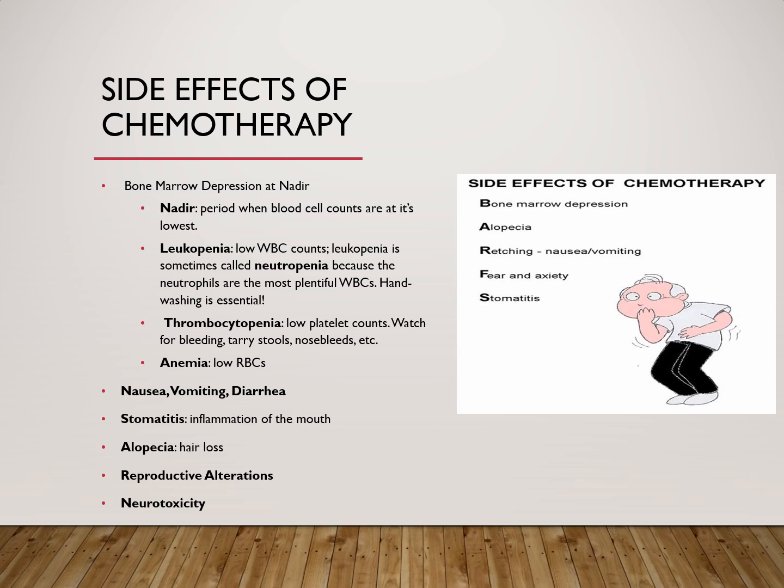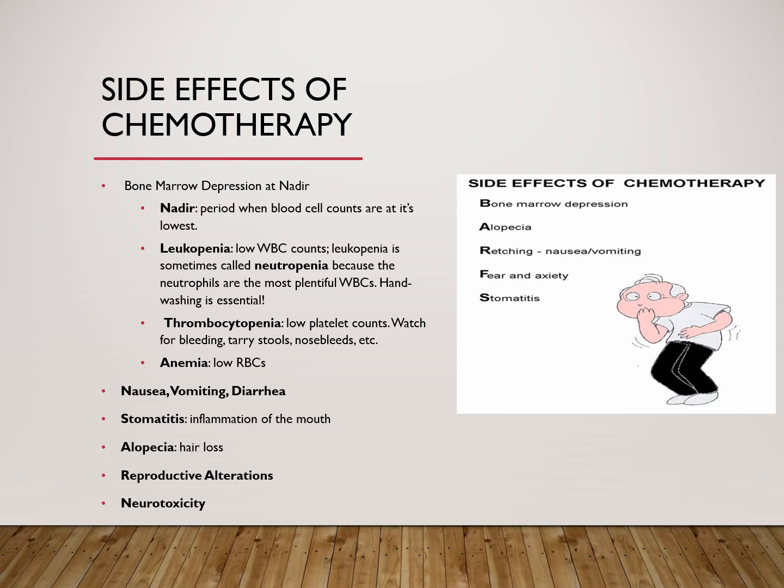So chemo drugs attack all rapidly growing cells. Your fast-growing epithelial cells, like those of the hair, the blood, the skin, and the GI tract, are usually the most affected by chemotherapy and radiation.